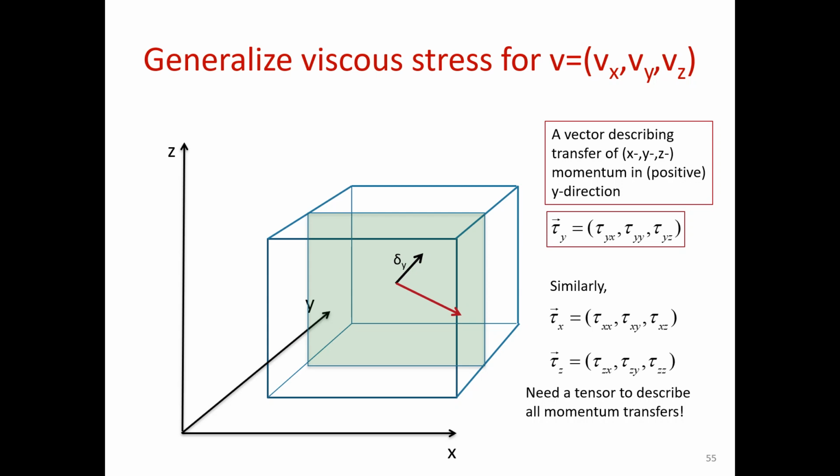Then my overall fluid layers also have this y velocity. Some of that momentum will transfer across the y plane as well, and that in itself is a normal stress. It acts like this. It's not shearing.